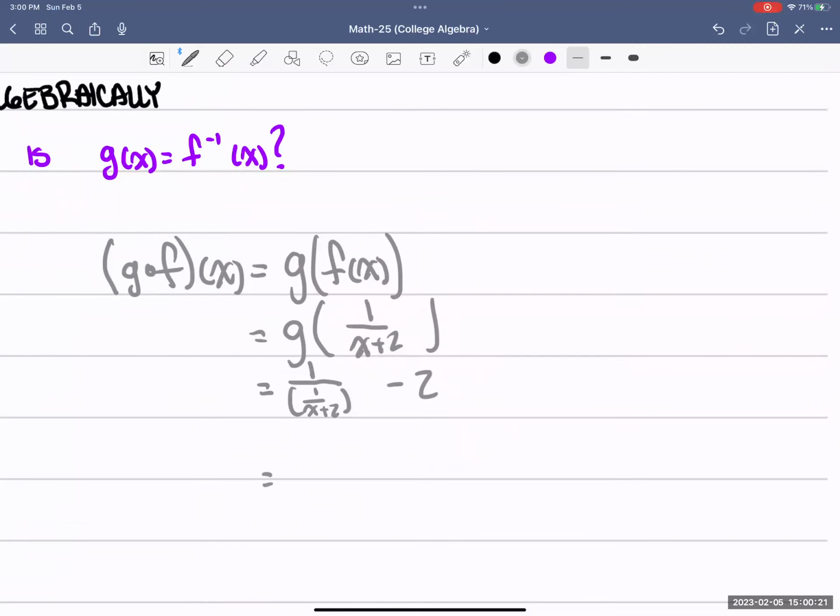So let's see what we have. Dropping those parentheses, we have 1 over 1 over x plus 2, and we're subtracting 2 on this side. In order to rationalize this, I'm going to multiply both top and bottom by x plus 2. In the denominator, the x plus 2's divide out.